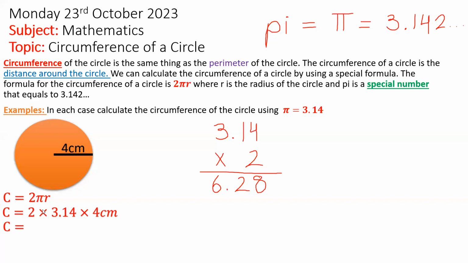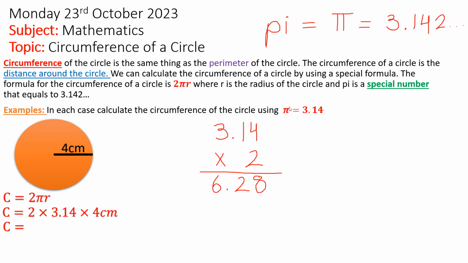Where do you get 3.14 from? Oh, that's a very good question. Because that's what pi is equal to. Remember in the question, they say pi is 3.14. Pi is a special number that equals approximately 3.142.